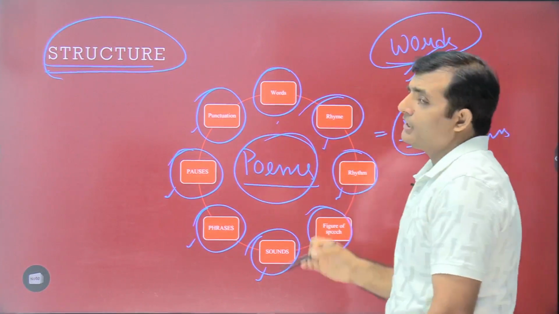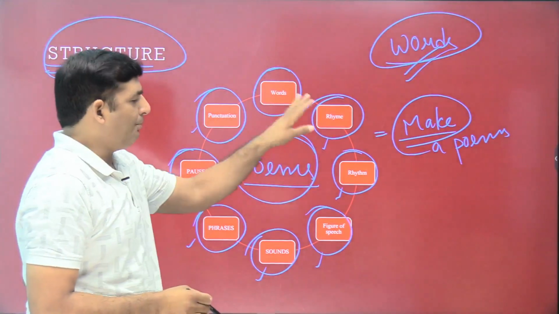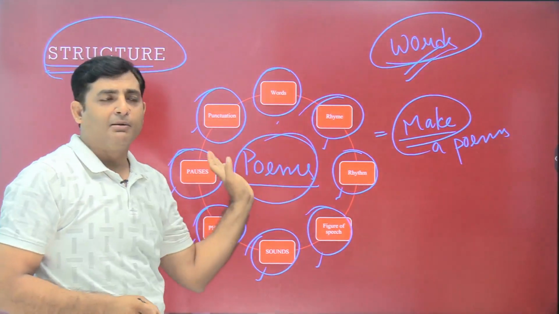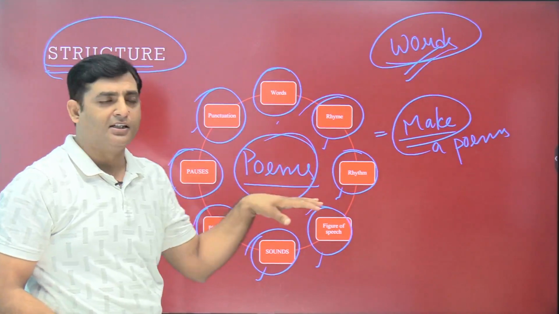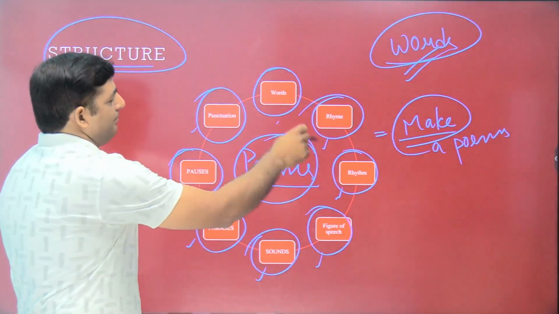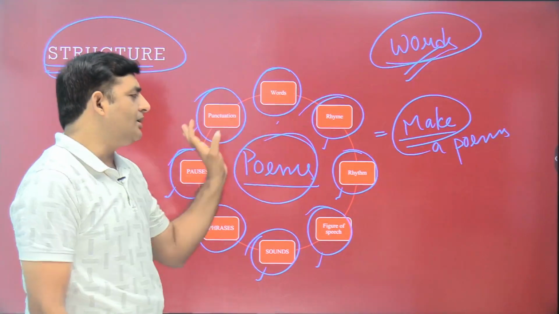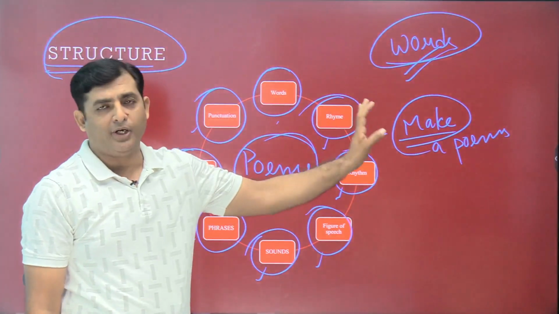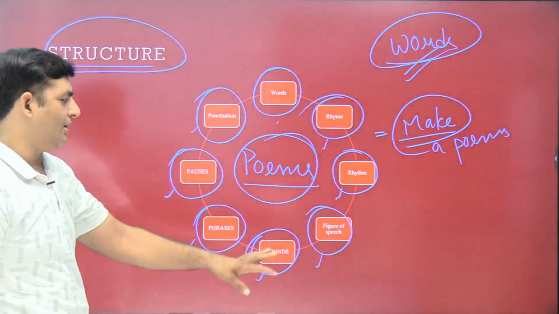It will be meaningless. Meaning comes in opposition. Meaning comes in relation. These are the parts of structure. They create a structure, and all these components form a poem. Alright, this is called structure.